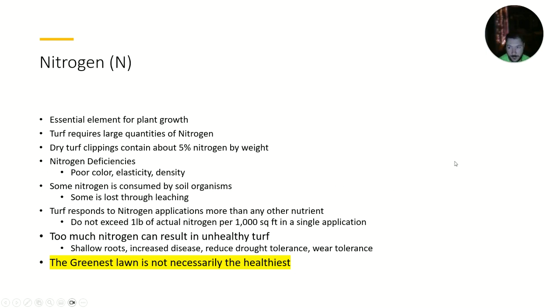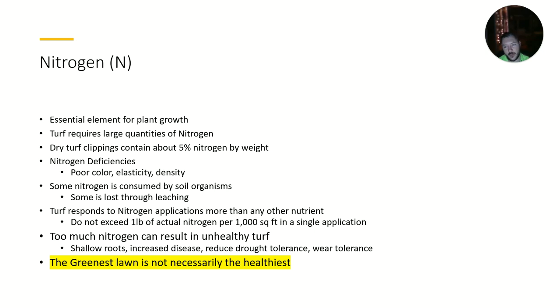But nitrogen is essential for plant growth, and it's also the largest quantity-wise that turf requires. This is really crazy. I didn't really realize this until I revisited the 3A book, but dry turf clippings contain about 5% nitrogen by weight. That's wild to me.